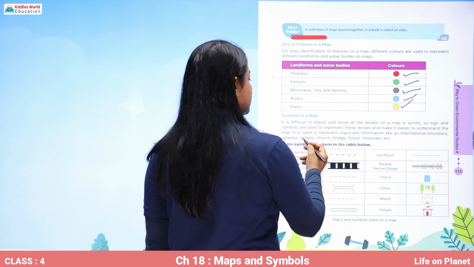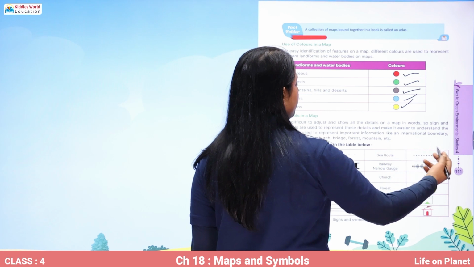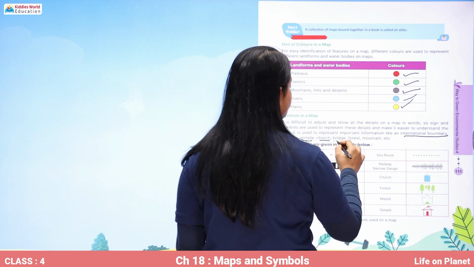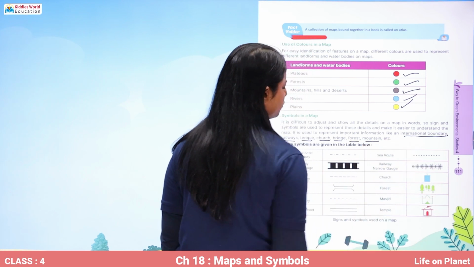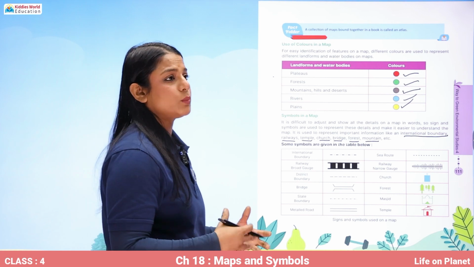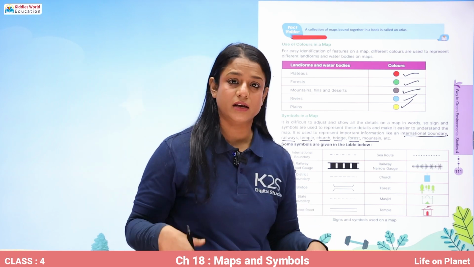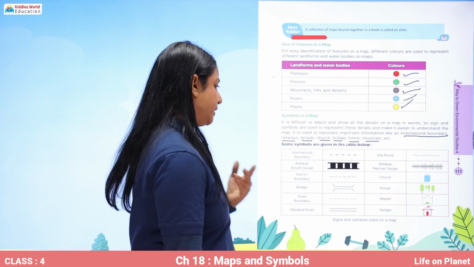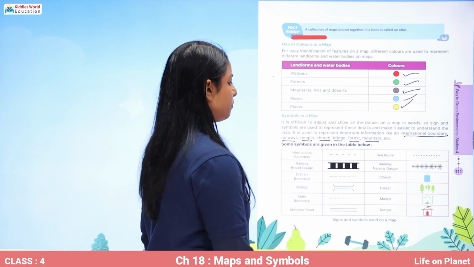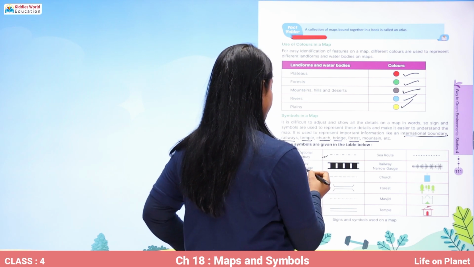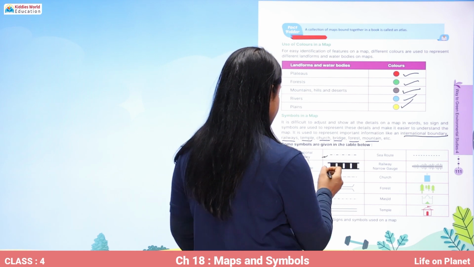Symbols are used to represent important information like international boundary, railway, temple, church, bridge, forest, mountain, etc. Any important thing coming in that particular area is represented by a symbol only. An international boundary is shown by this symbol. Railway broad gauge is shown by this symbol.